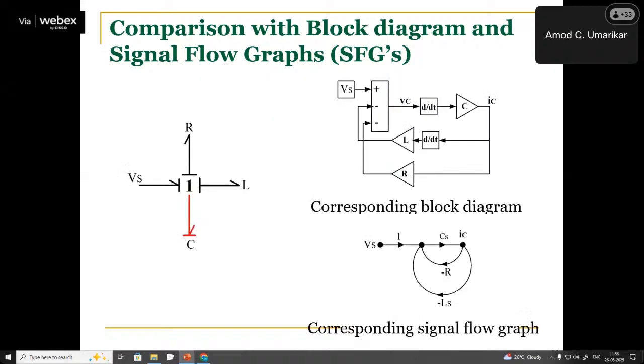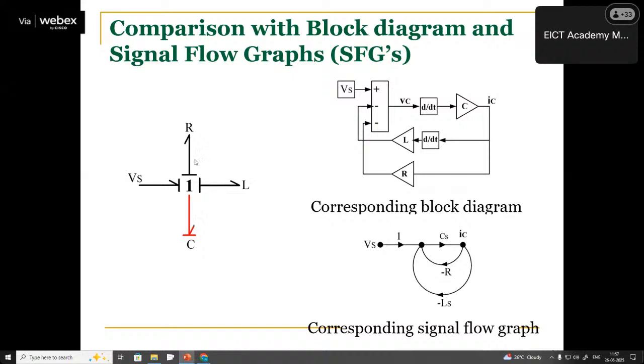What is the takeaway message here? Sir, how can we define the direction of these arrows? Generally, the direction of the arrow is fixed for R, L and C. We are assuming that energy is going in.